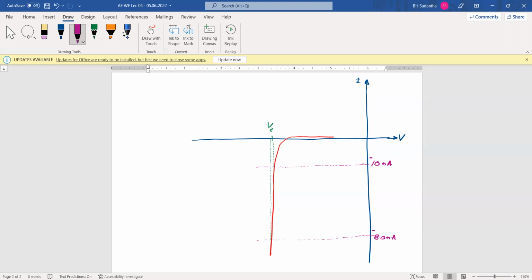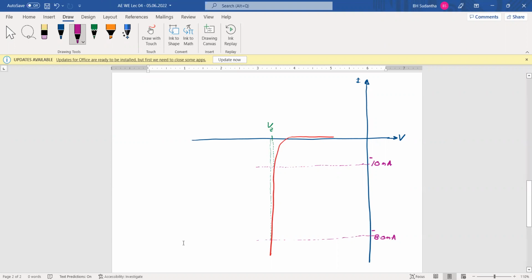But below 10 milliampere and above 80 milliampere, the Zener voltage is not fixed and voltage variation may be there. If you use this as a voltage regulator, the best region is this.